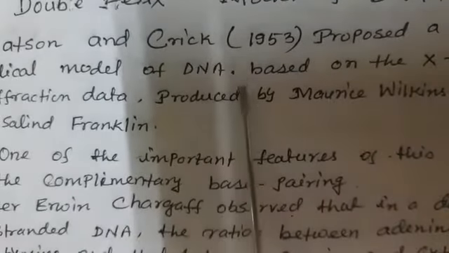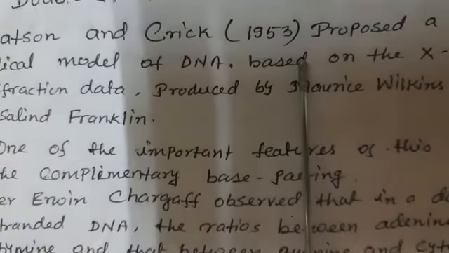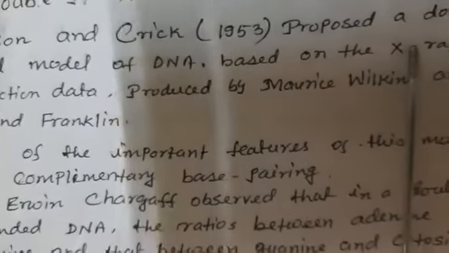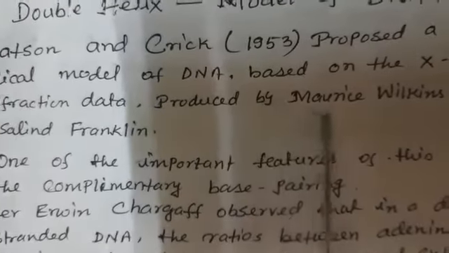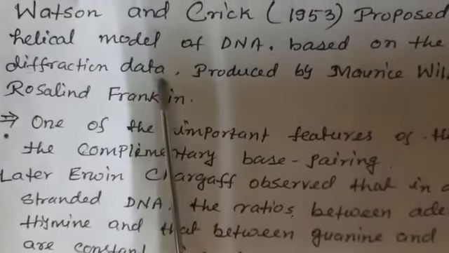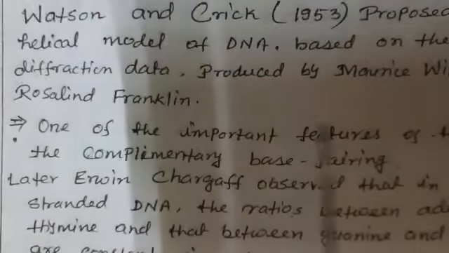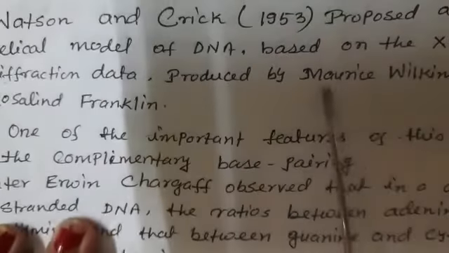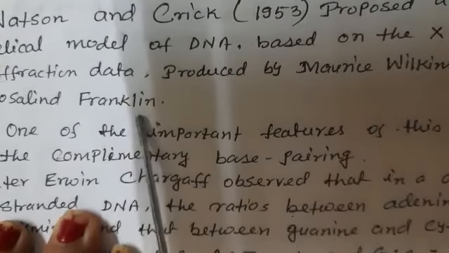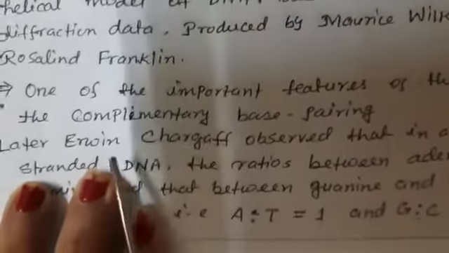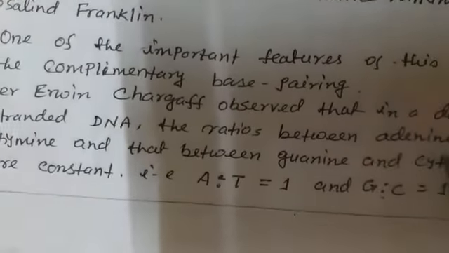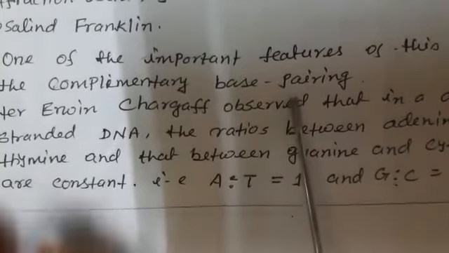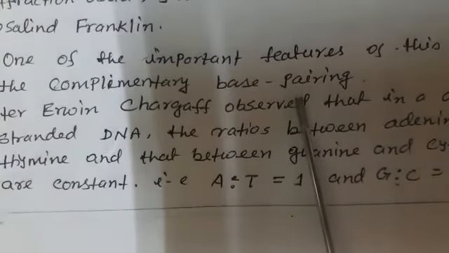Watson and Crick in 1953 proposed a double helical model of DNA based on the X-ray diffraction data produced by Maurice Wilkins and Rosalind Franklin. One of the important features of this model is the complementary base pairing.